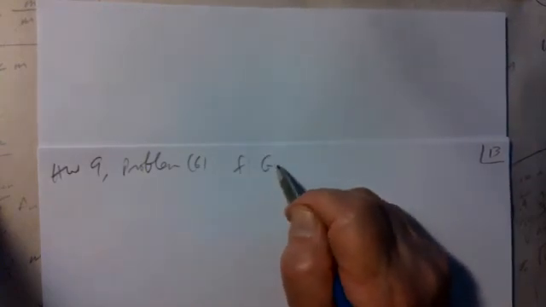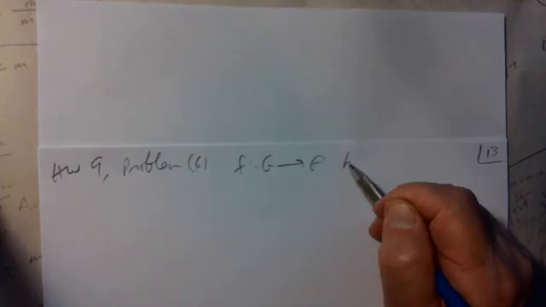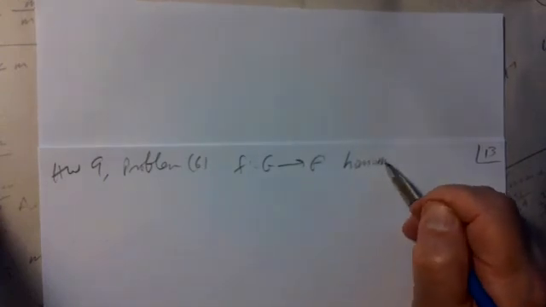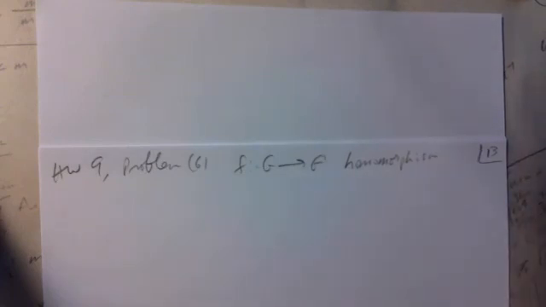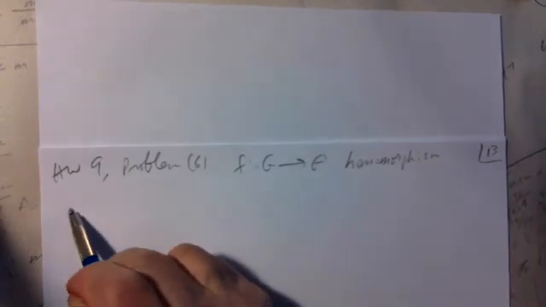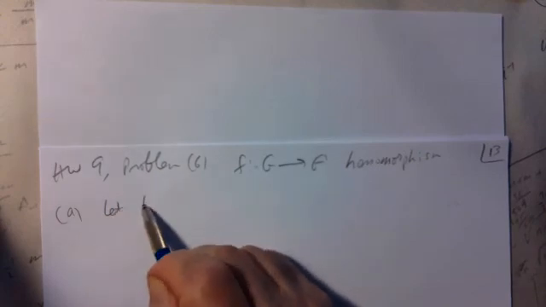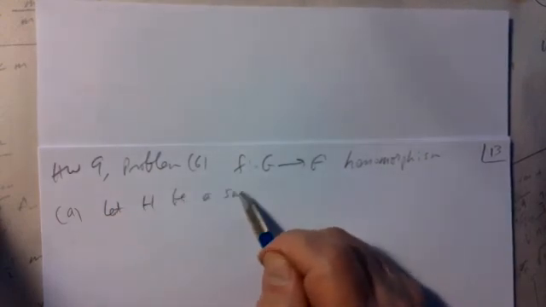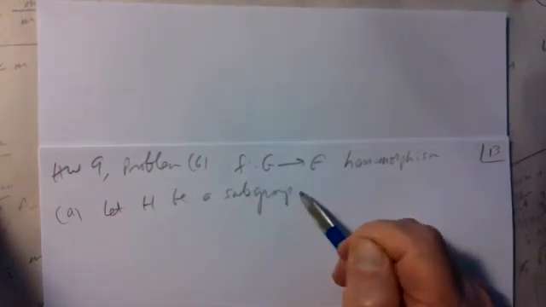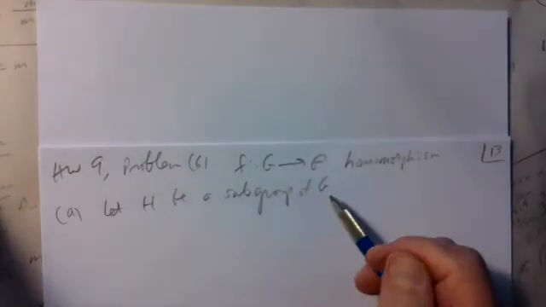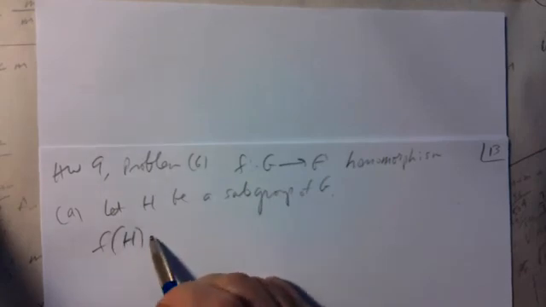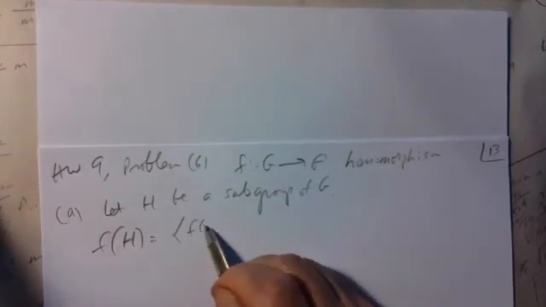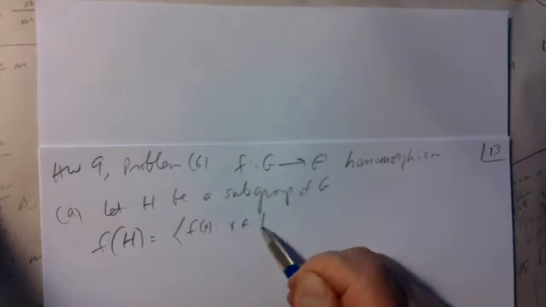So again, we have a homomorphism, F. Let H be a subgroup of G. So f of H, this is everything of the form f of x, where x is in H.